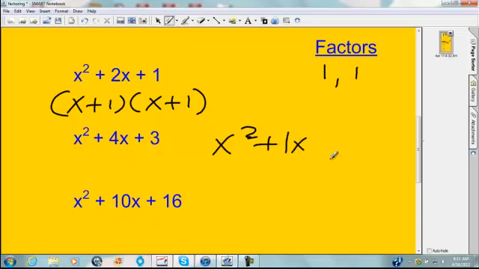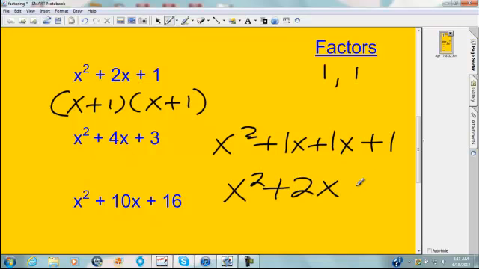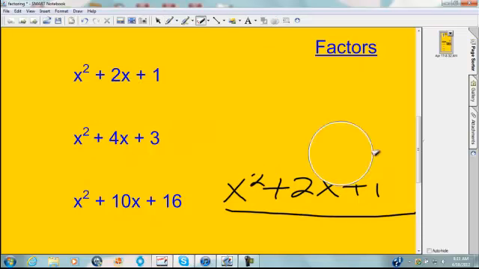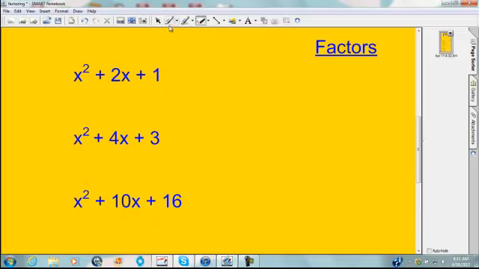Inside, 1 times x is another 1x. And 1 times 1 is 1. Combine my like terms, my x's in the middle. I get right back to where I started by multiplying my answer. I got back to x squared plus 2x plus 1. I suggest you check your work after you factor a polynomial that way.